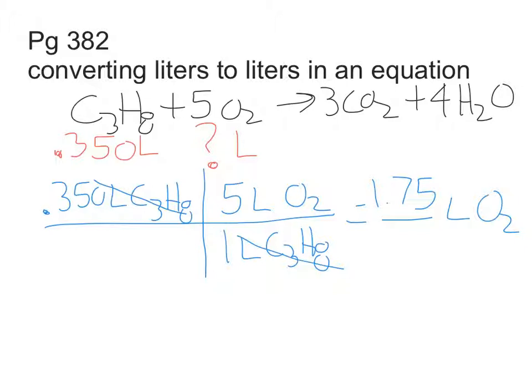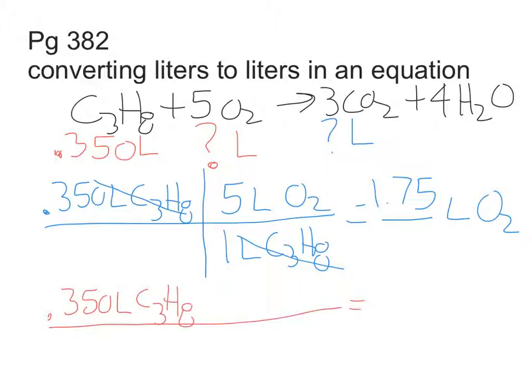In the second part of the question, it asks for liters of CO2. Well, this is again a liter to liter ratio. We can use the same given. So we're going to start with 0.350 liters C3H8. And we are going to convert that into liters CO2. Again, we're going to use volume ratio.